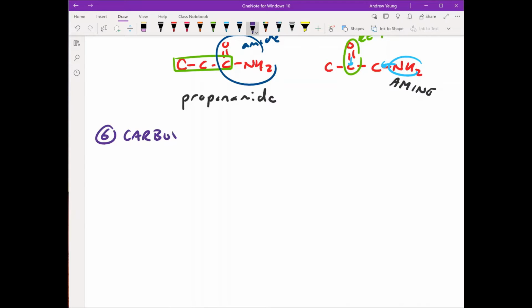Let's look at a carboxylic acid. Just like an amine might sometimes be basic, a carboxylic acid is acidic, and we've actually seen this group before. We usually shorthand a carboxylic acid as COOH. A COOH is a single bond to O-H and a double bond to O on the same carbon.